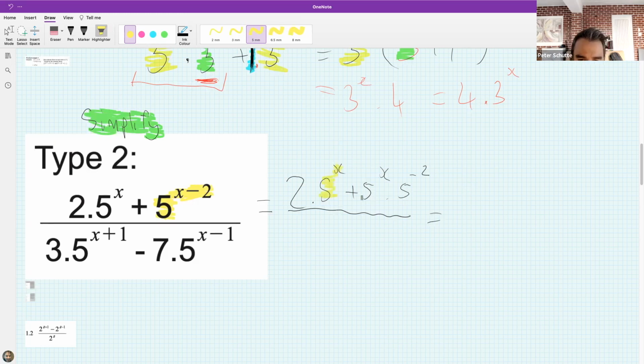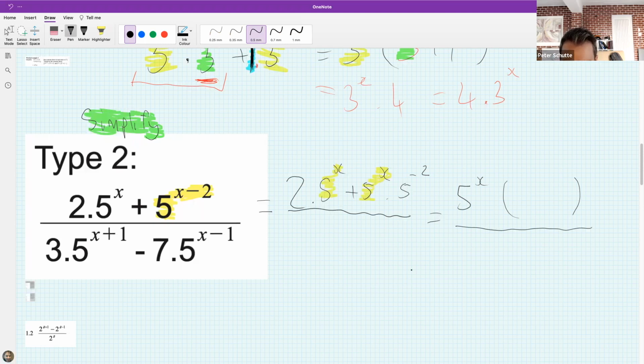I think the common factor on the top line is going to be 5 to the x. And I'm going to leave the second part blank for now. We'll come back to that in a second.